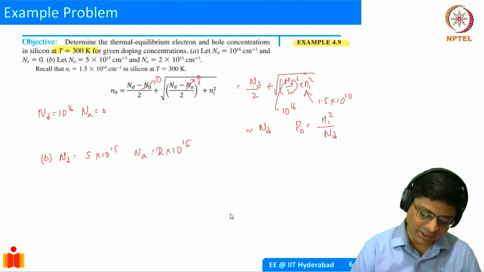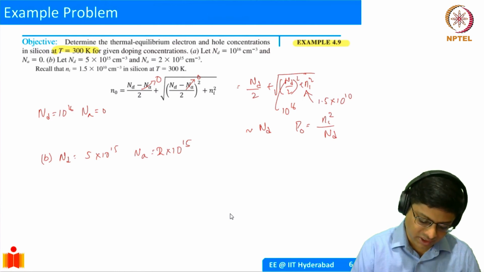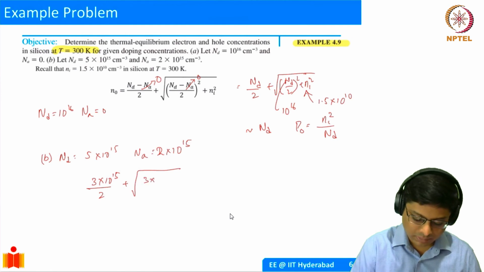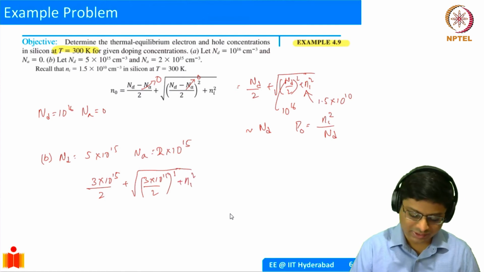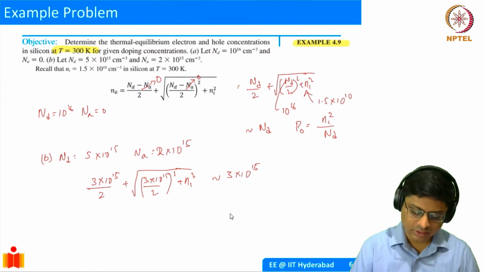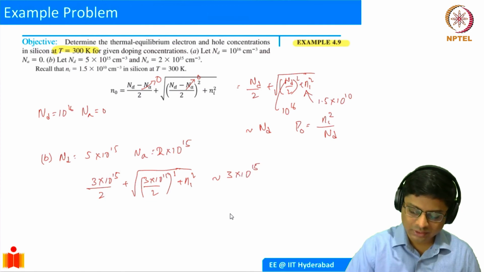So it should be Nd minus Na. So Nd minus Na would be 3 into 10 power 15 divided by 2 plus square root of (3 into 10 power 15 divided by 2) whole square plus Ni square. Well, again, we can neglect this. So this will approximately be equal to 3 into 10 power 15. So this is N naught. So P naught is going to be Ni square divided by 3 into 10 power 15.